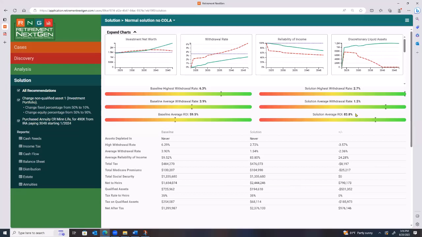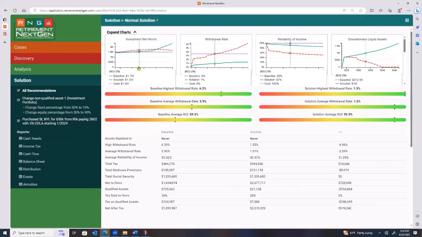No COLA, I creamed it here, 1 to 1.5, and I creamed it here, 1.6 to 2.7, and 91. I trail by about a grand here. So that's not even debatable. I would probably do my solution with a QLAC over that.